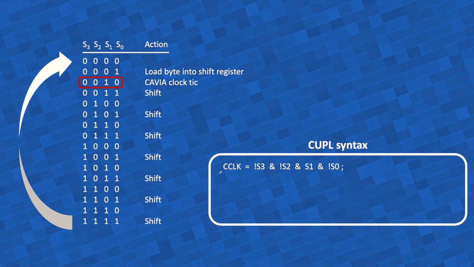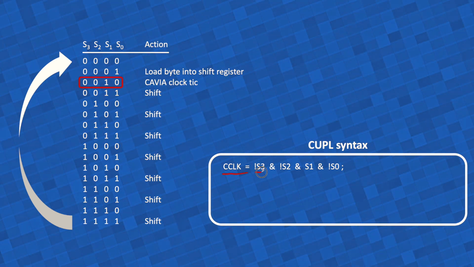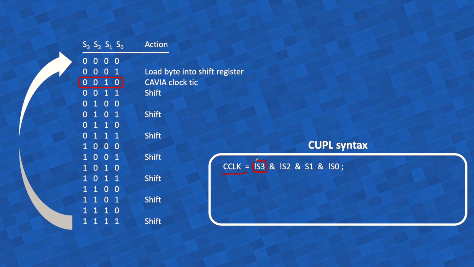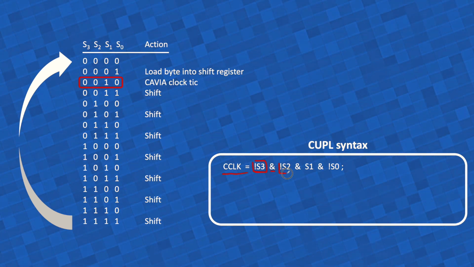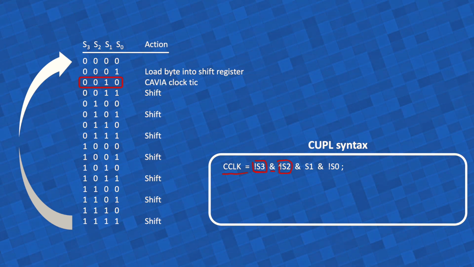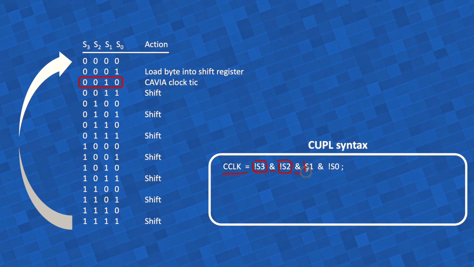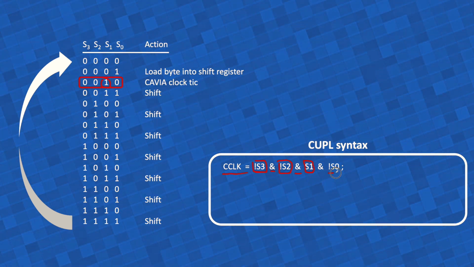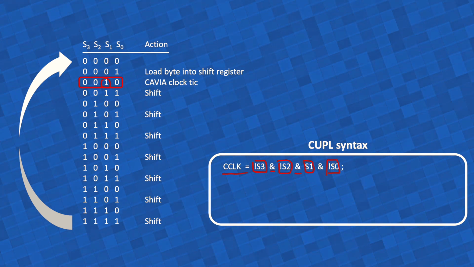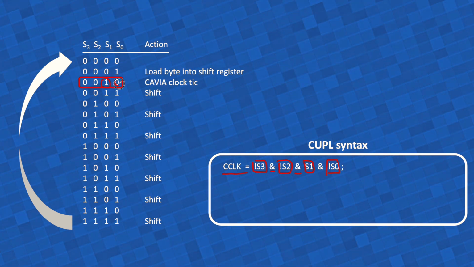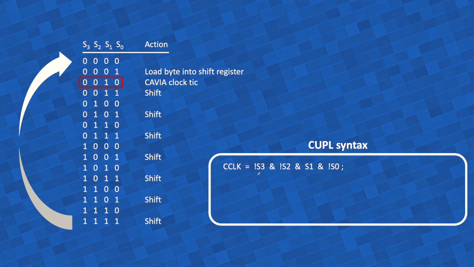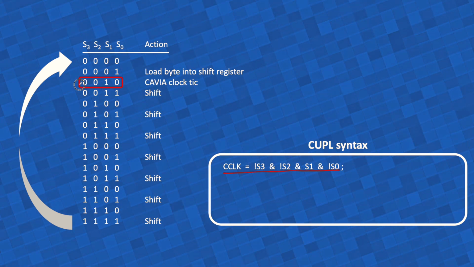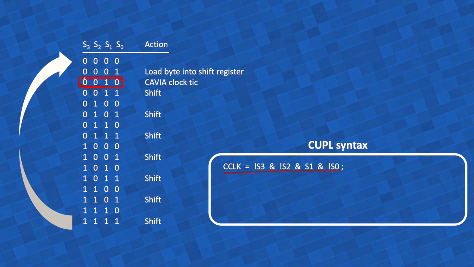It would be this: Cavia clock equals the inverse of S3, so when S3 is 0, this is a 1, and the inverse of S2, so when S2 is 0, this will be a 1, and S1, because remember, S1 has to be 1, and the inverse of S0, because we want this to be 1 when S0 is 0. So this equation here will be true at this point here, which is exactly what we want.